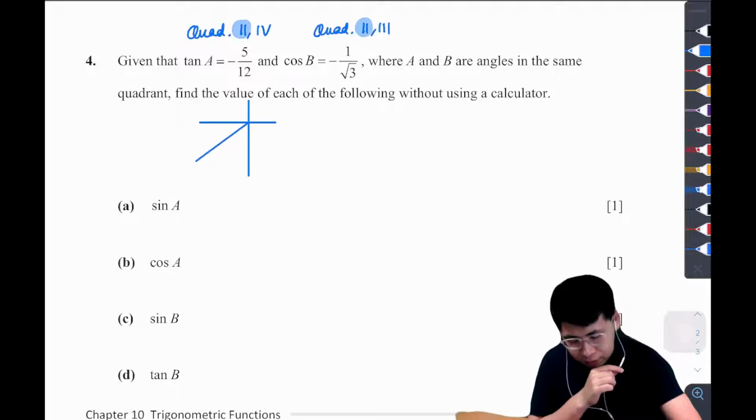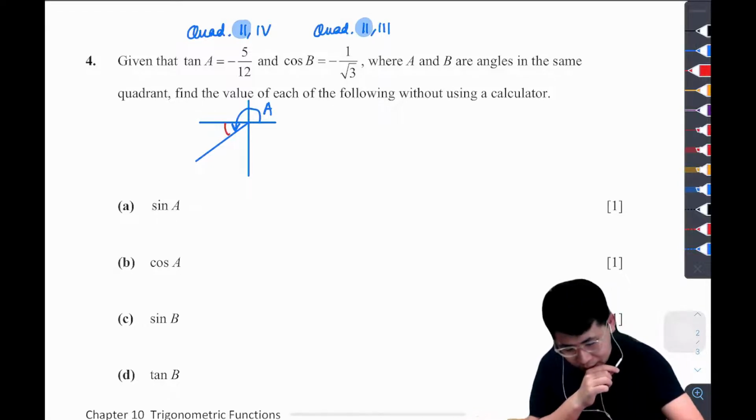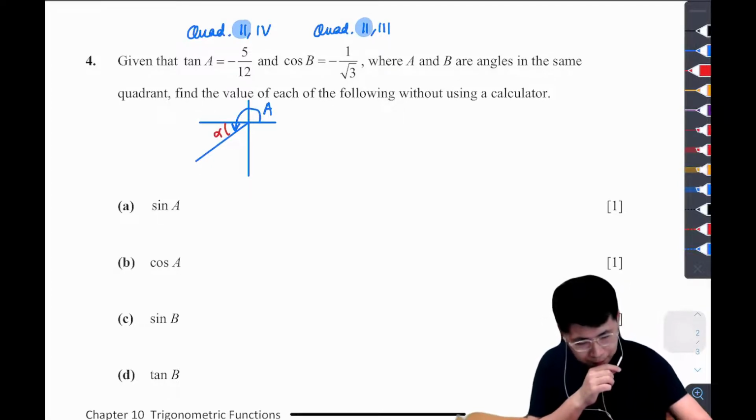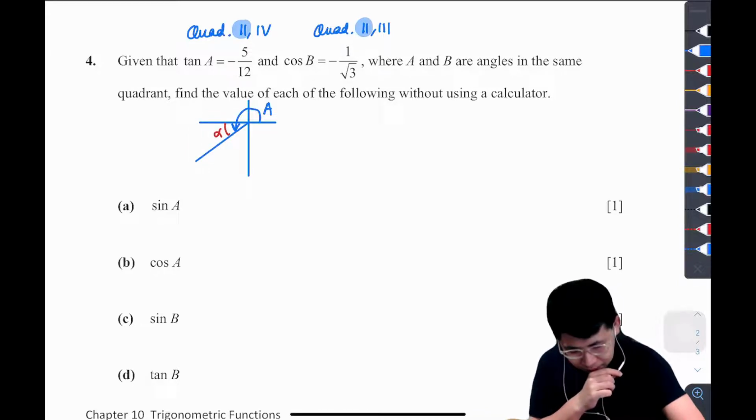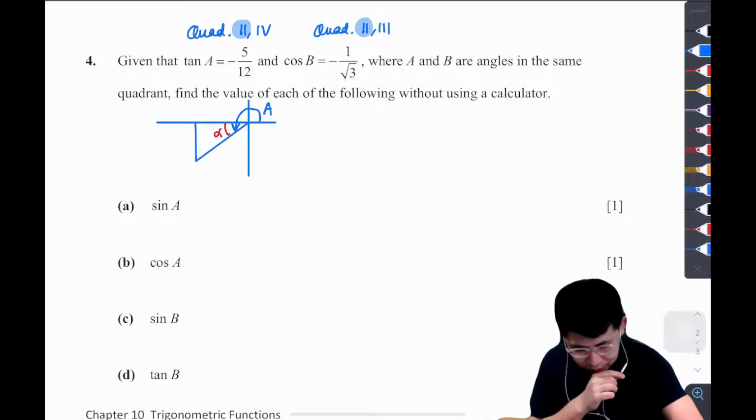Okay, very easy. So this is A, right? This is A, and the basic angle, I'm going to call it alpha. Okay, so I have this.